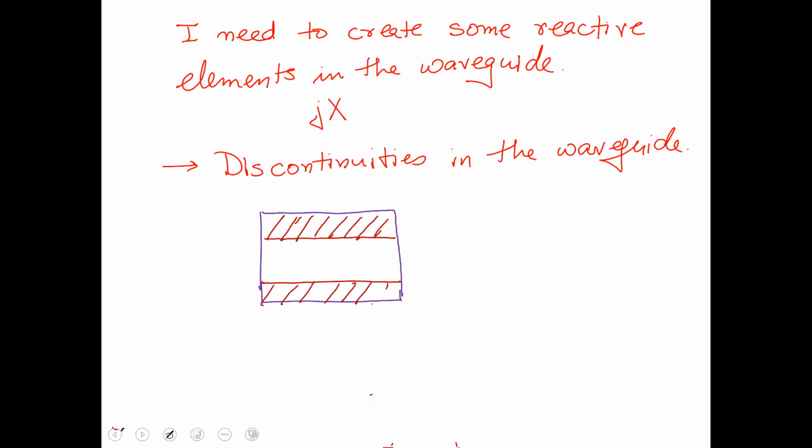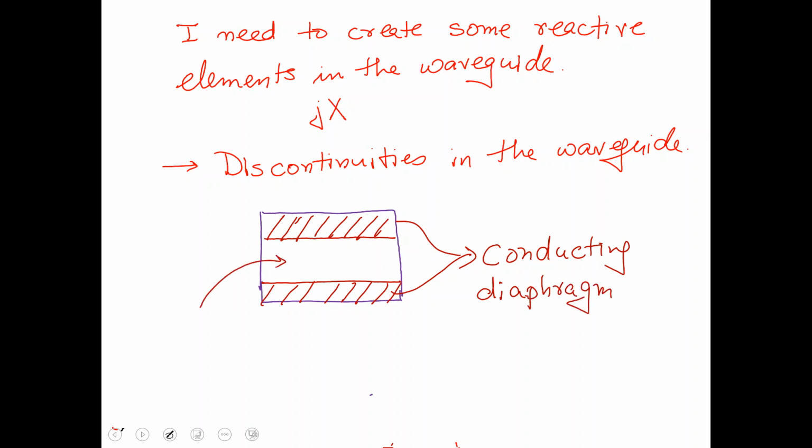These are conducting diaphragms, and you have a small opening called an iris in the middle.